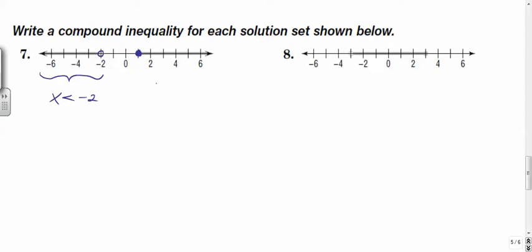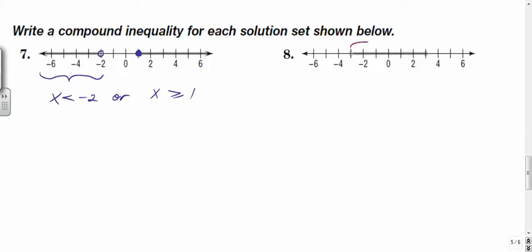The other interval is x greater than or equal, I have a full dot, to 1. And I will have "or", because both intervals are part of my solution set. And that's it.